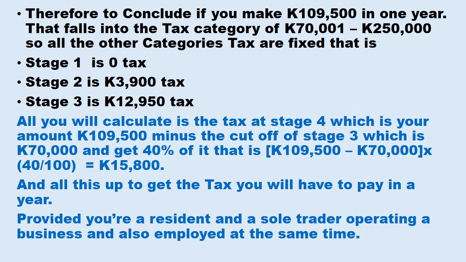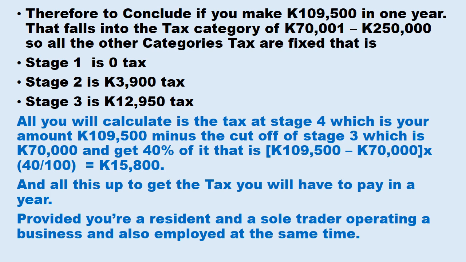Anyway, let's go to conclude. If you make 109,500 in 1 year, that falls into the tax category of 70,001 kina to 250,000. All the other categories are fixed at that point. So stage 1 is 0, stage 2 is 3,900, stage 3 is 12,950.